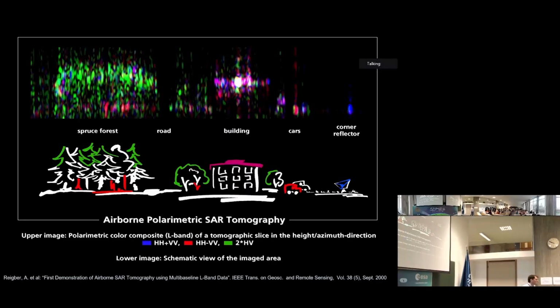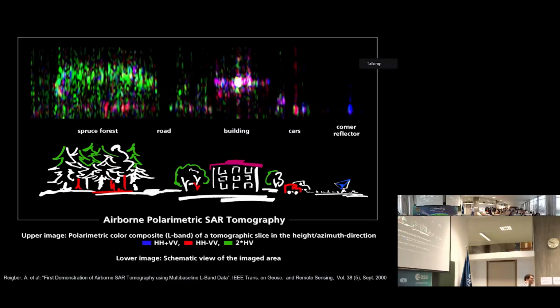So if it's blue in the Pauli, is it a dihedral or a trihedral? Would someone like to guess? Dihedral means 2 bounces, trihedral means 3 bounces. Trihedral, yes, exactly, correct, because it's blue.